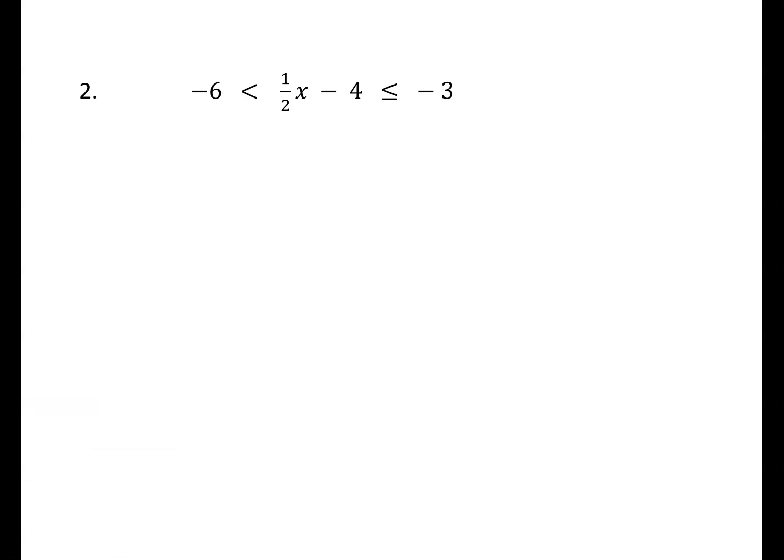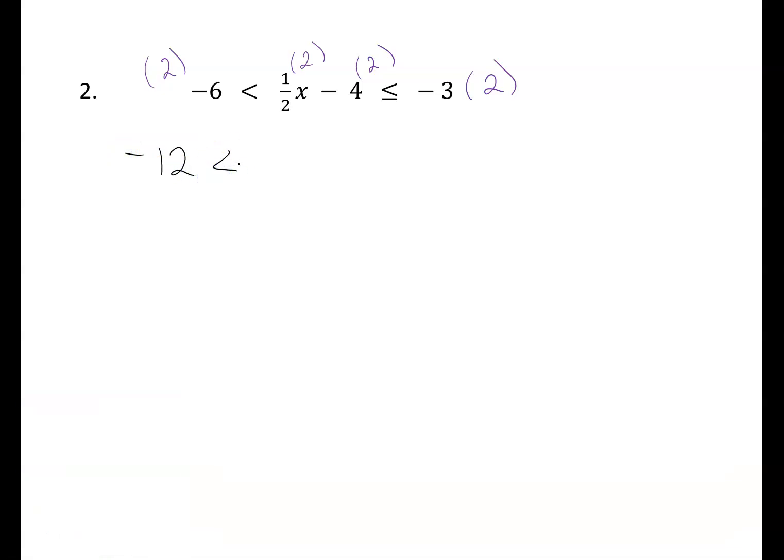Our only denominator is 2, so 2 is our LCD. We're going to multiply every term by 2. And let's see what that gives us. On the left, we'd get negative 12.